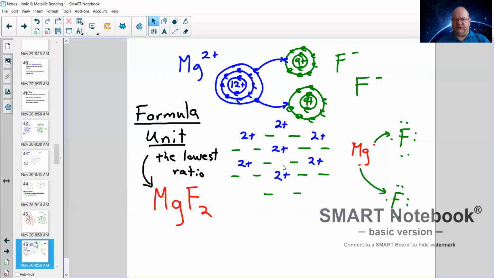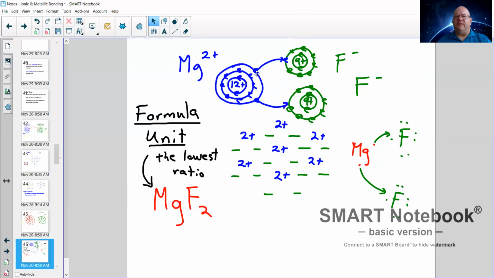All the ions are attracted to each other. And so there is no real molecule. So we write the formula in a different way. What we do is we say, what's the lowest ratio? So if I were looking at magnesium and fluorine, magnesium has 2 valence electrons. Each fluorine has 7.